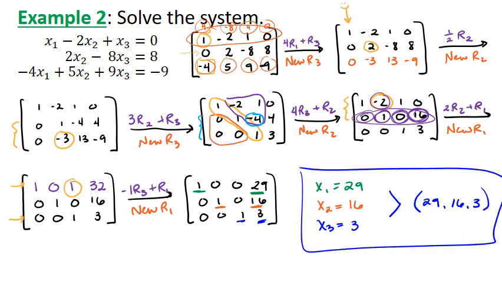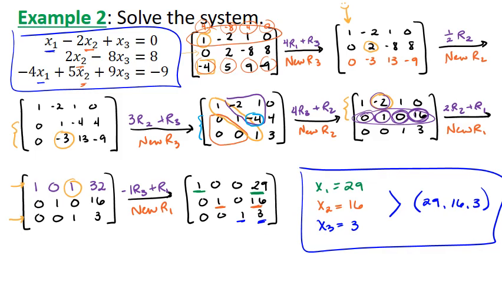So this is the solution to this system of equations. Remember, you can check this by plugging 29 in anywhere you see x1, plug in 16 anywhere you see x2, and plug in 3 anywhere you see x3. If all three of these equations work out, you are in good shape.